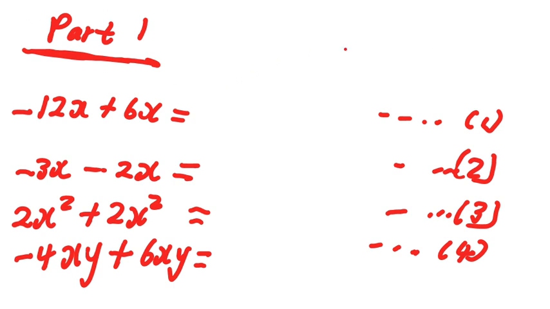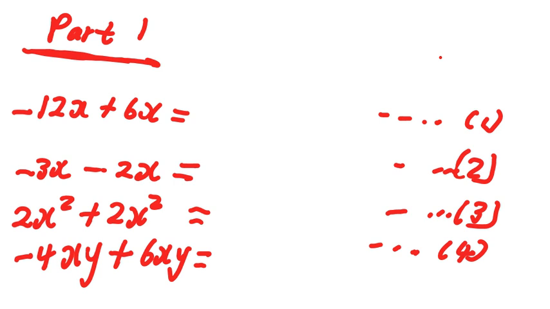So now the rule is like this. Please listen to it before we show the application. When you are adding integers of different signs, you subtract the numbers and take the sign of the bigger number. This is the first rule.